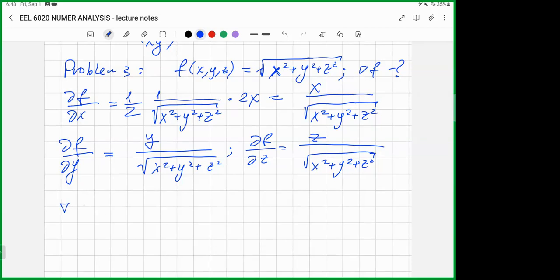I'm ready to write the final result for the gradient. The denominator in all these three terms is the same, so I can make it common: the square root of x squared plus y squared plus z squared. And the numerator is given by x times i plus y times j plus z times k vector. Yeah. So this is the answer.